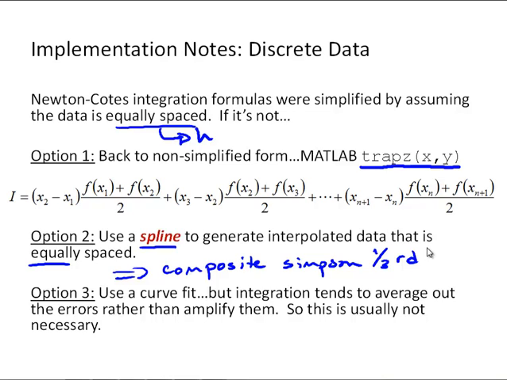And we'll see an example of this in a future video. So it's usually not that helpful to use a curve fit for integration, because when we're summing up those intervals with an integration, the positive and negative errors that we would have for a curve fit tend to average each other out. So the integration is doing the same thing as the curve fit in terms of the error behavior.